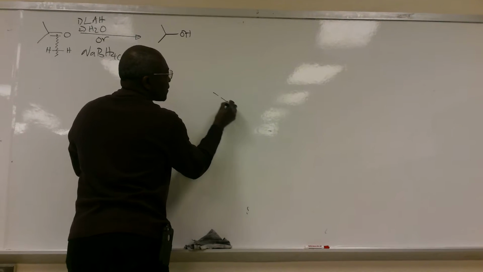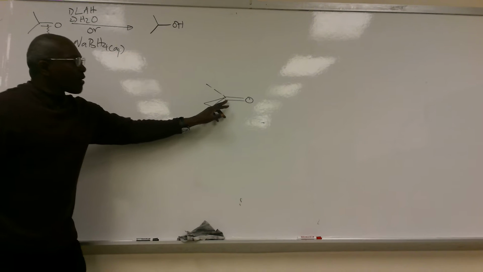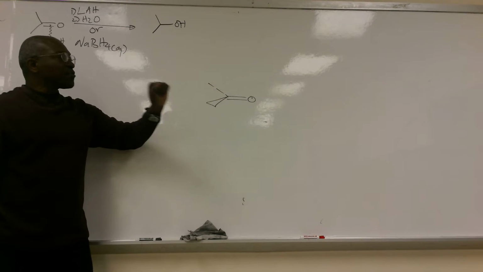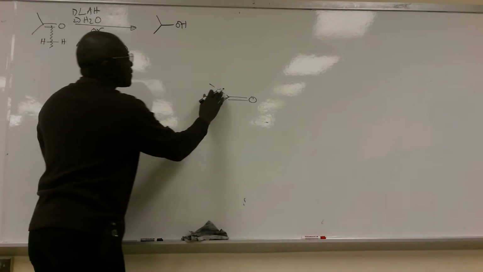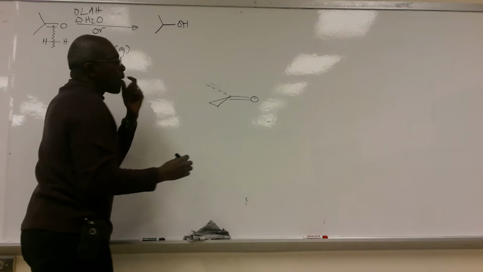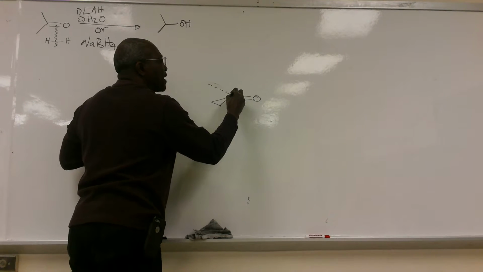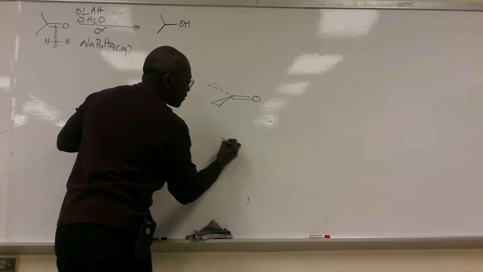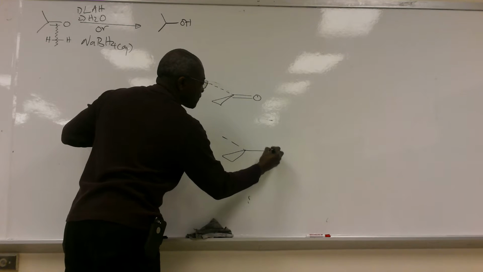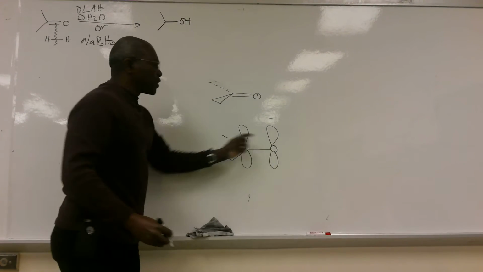You remember that carbonyl compounds, aldehydes and ketones, this carbon is sp2 hybridized, so it's trigonal planar, it's flat. So the p orbital really extends, I'll draw it another way. The p orbital extends above and below the plane of the molecule like this.